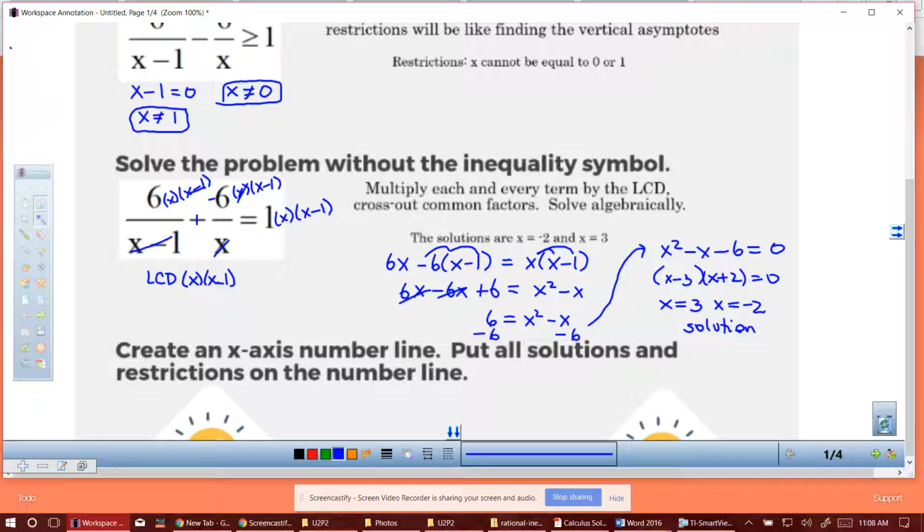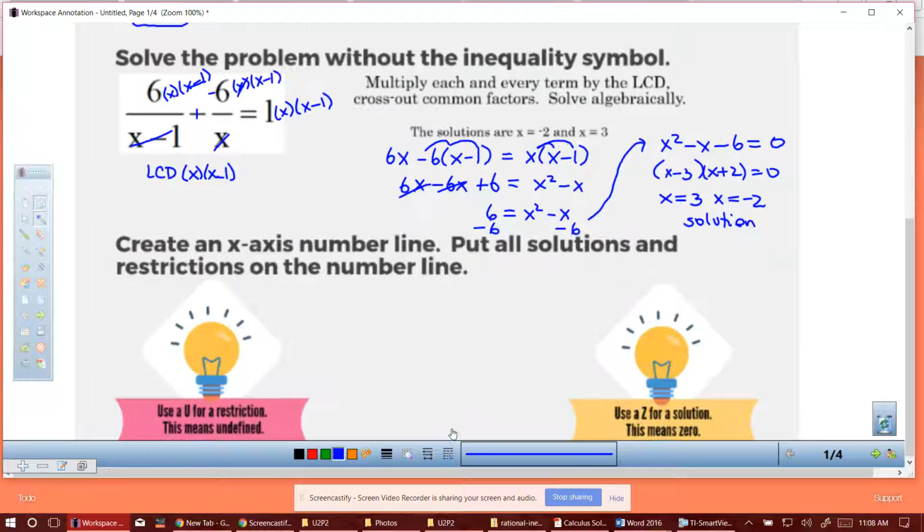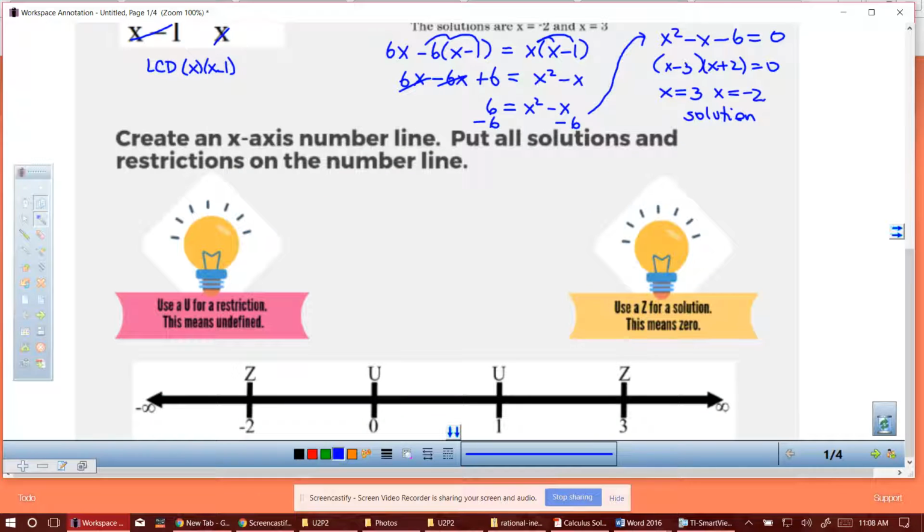Hopefully those first two steps are very familiar. Now here comes the inequality part. Follow along on the handout as I talk you through. The first thing we're going to do is create an x-axis number line and put all the solutions and restrictions on it.